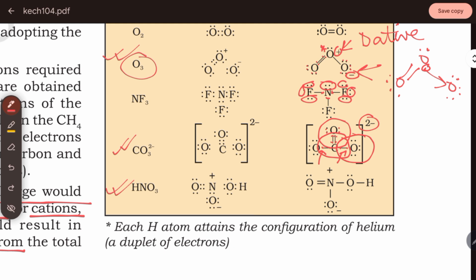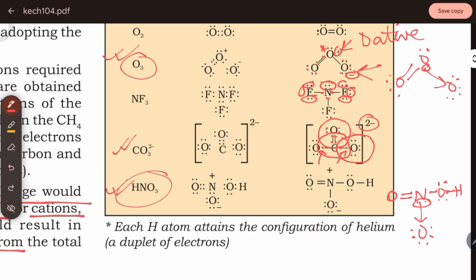HNO3 also same thing. Here you are seeing it is a neutral molecule. So if you have to show the dative bond, show it in this manner. This is double bonded O, this is a dative bond and this is OH. Okay, so oxygen over here is having 1, 2, 3, 4, 5 and 6. Hydrogen 1 electron. Nitrogen 1, 2, 3 and here 4, 5 being donated to the oxygen, and this oxygen has 1, 2, 3, 4, 5 and 6, and it gets 2 more by donation from nitrogen and gets octet.